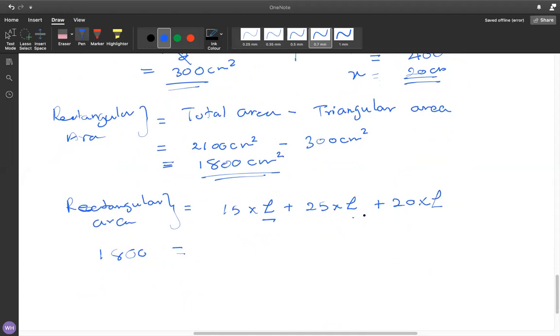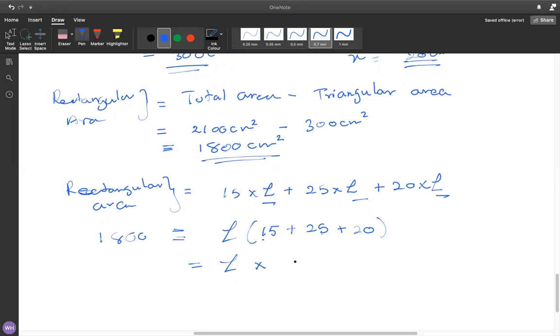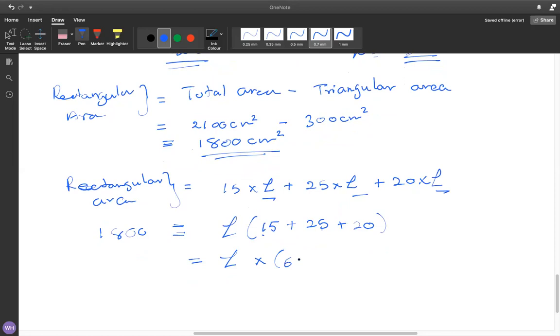Now L is common in all three, so you can take L out of the bracket and add 15 plus 25 plus 20. 15 plus 25 is 40, and 40 plus 20 is 60.